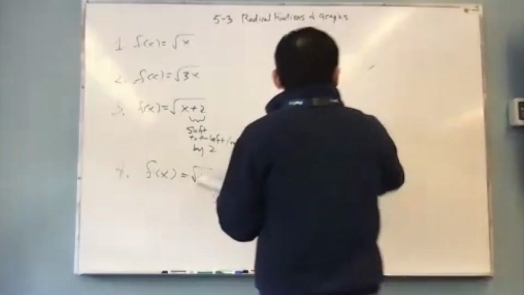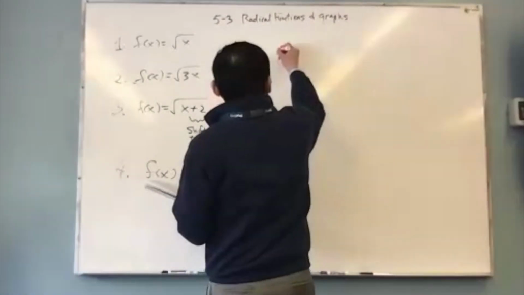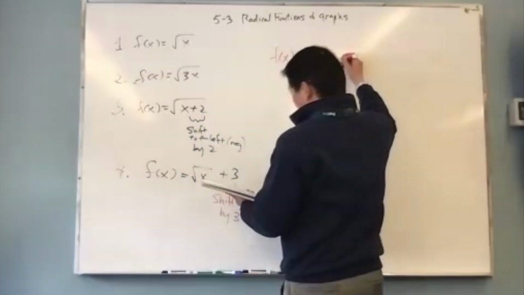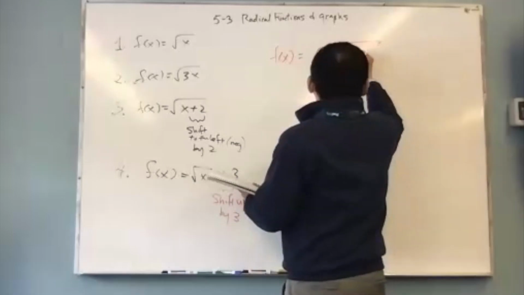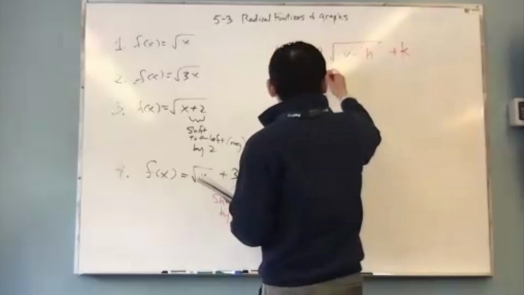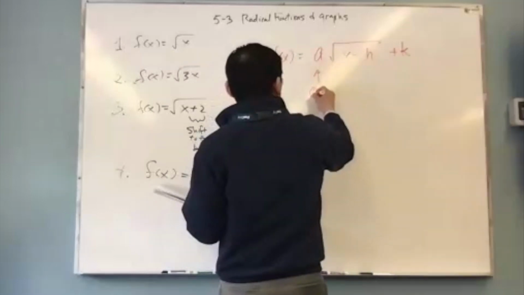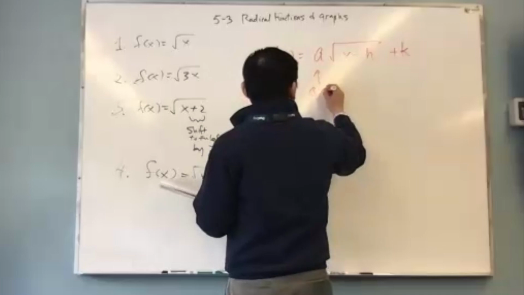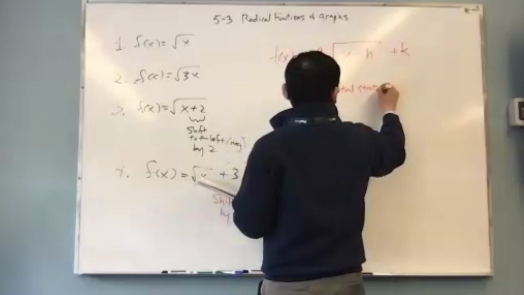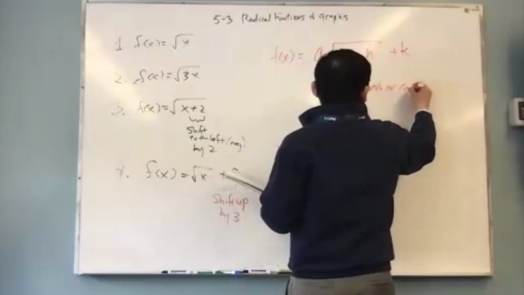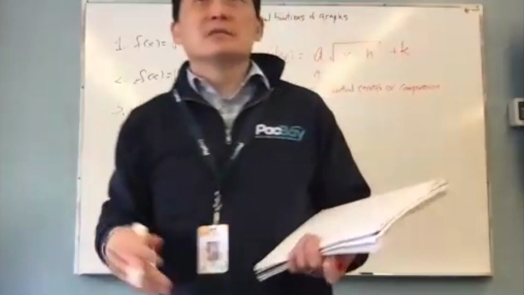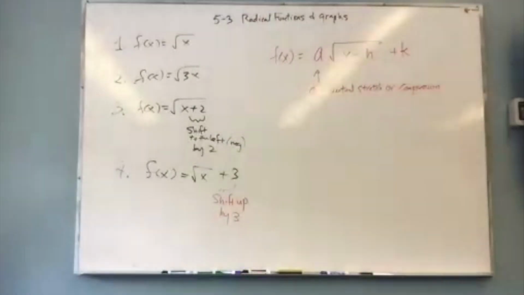Our conclusion is that for a radical function, f of x equals a square root of x minus h plus k, this a will basically give us the vertical stretch or compression. We just did that, 1/2, 1/3, and so on and so forth.